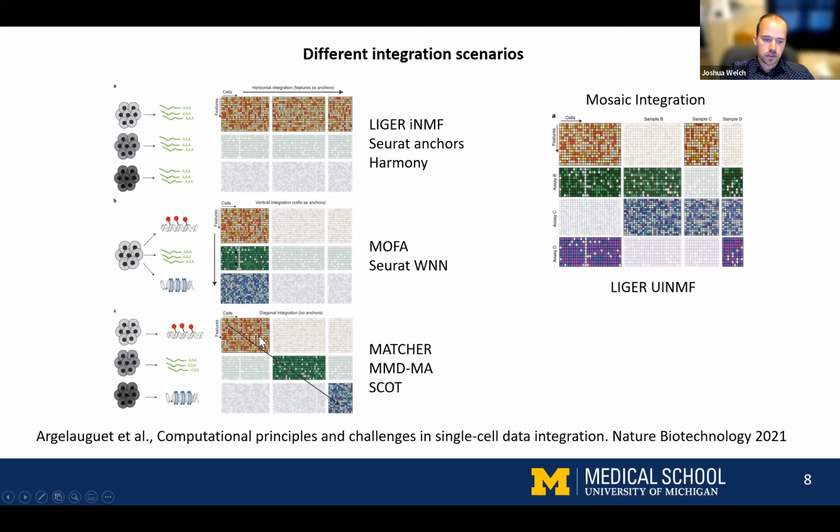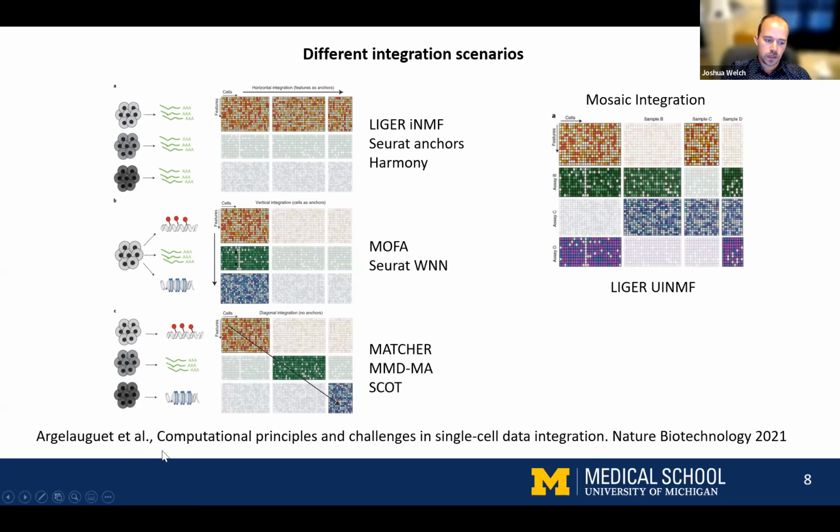A third scenario is called diagonal integration, where each data set measures a different type of feature, and there's neither shared cells nor shared genes. And there are several approaches for this, but in general, these methods are not as robust as the approaches that rely on shared cells or features, because they have to rely on some shared underlying geometry, which can be a little bit more tricky.